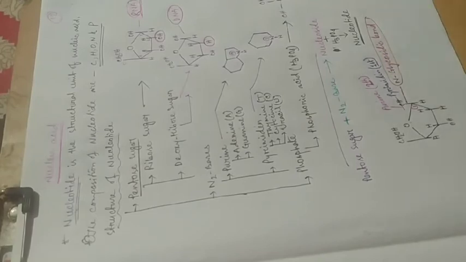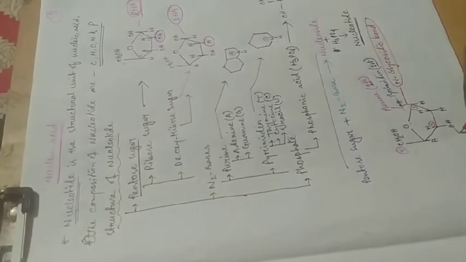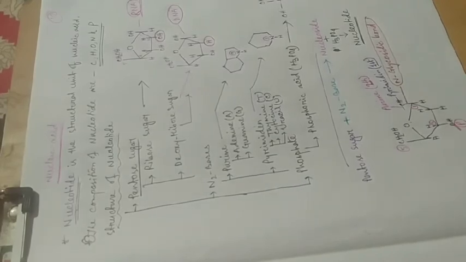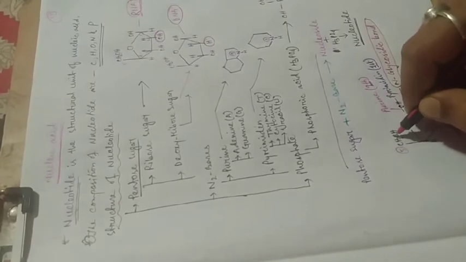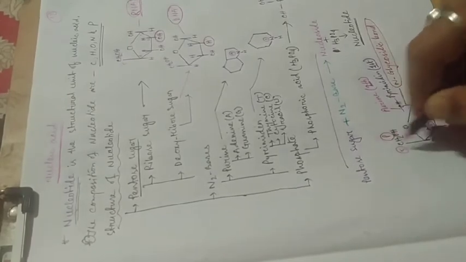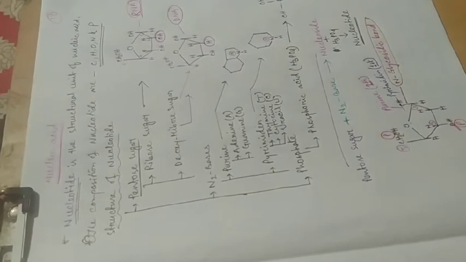In the pentose sugar, the phosphate can bind at two places: the third carbon or the fifth carbon. Fine.